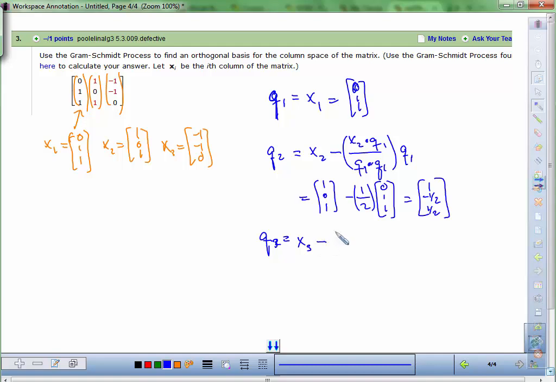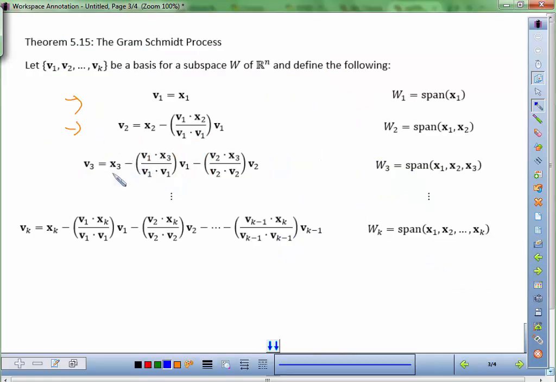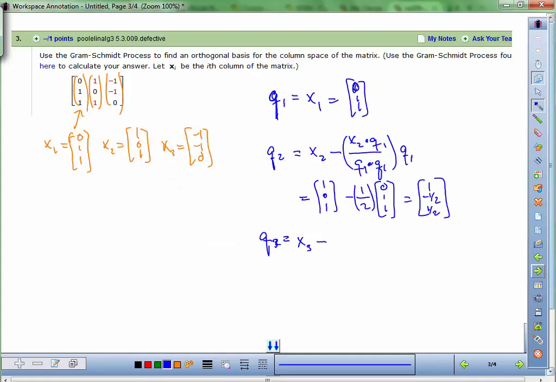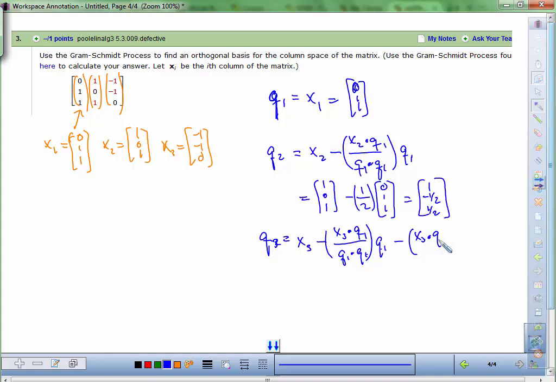So what's the formula? It's going to be x3 dotted with q1 over q1 dotted with q1 times q1, minus x3 dotted with q2 over q2 dotted with q2 times q2.